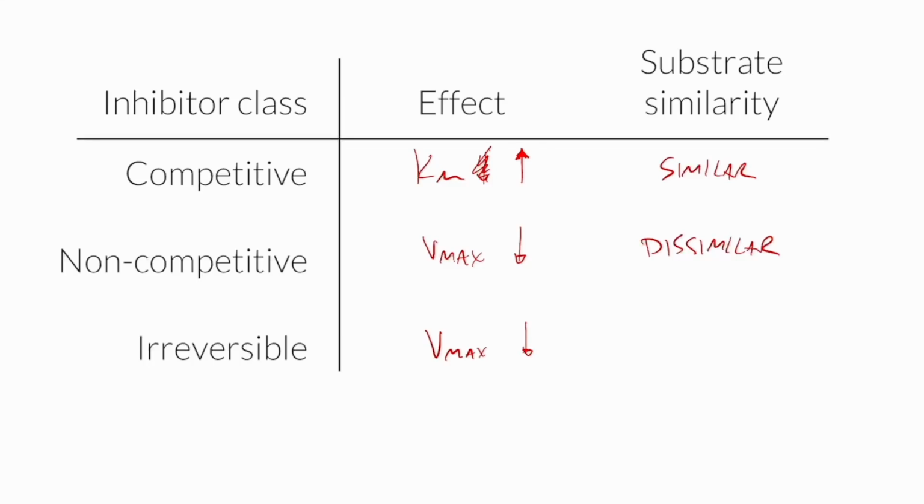And the irreversible inhibitors are similar because, again, they bind at the same active site as the substrate. So if you know the Vmax went down and it's a dissimilar molecule, it's probably non-competitive. Whereas if the Vmax goes down and it looks very similar to the normal substrate, it's probably an irreversible inhibitor.